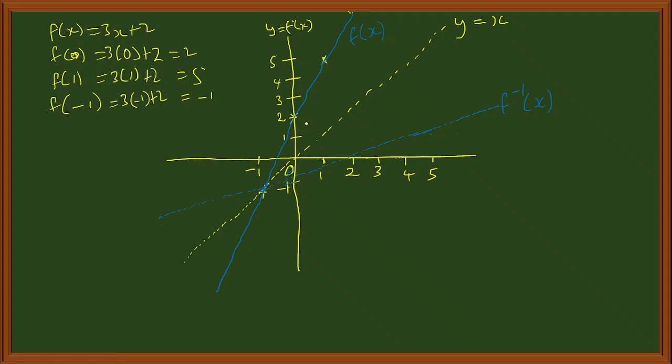What I did here was to represent the graph of f of x on our Cartesian plane, our xy axis, and to draw that straight line for f of x is equal to 3x plus 2.